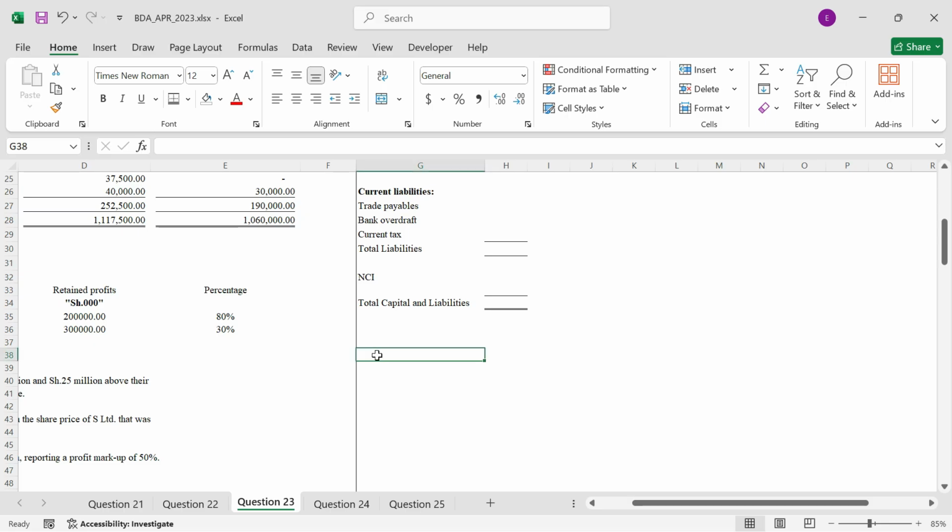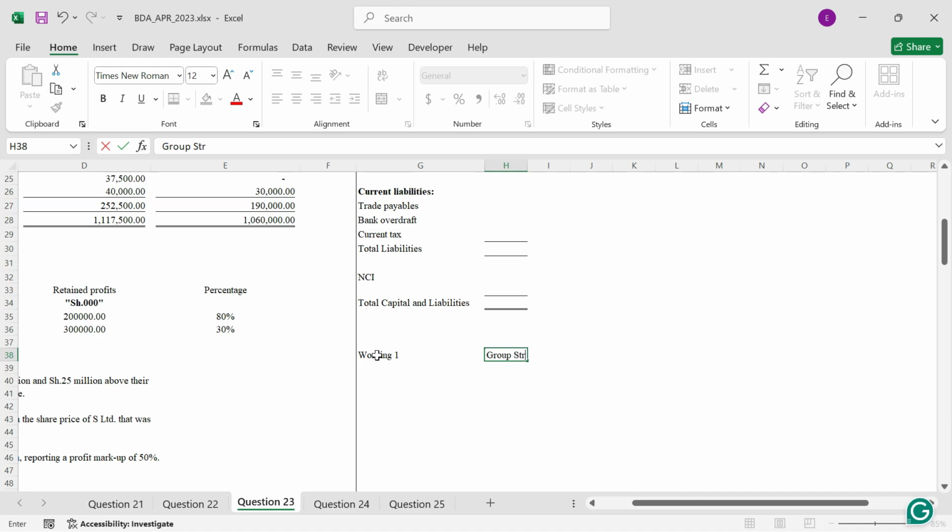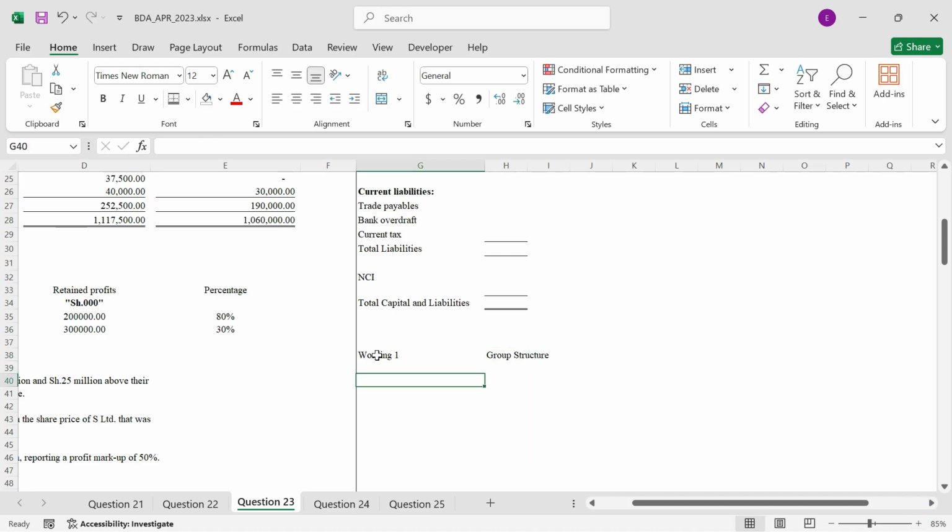So then I can start my workings. Working one will be the group structure. I have H Limited, which is the parent.